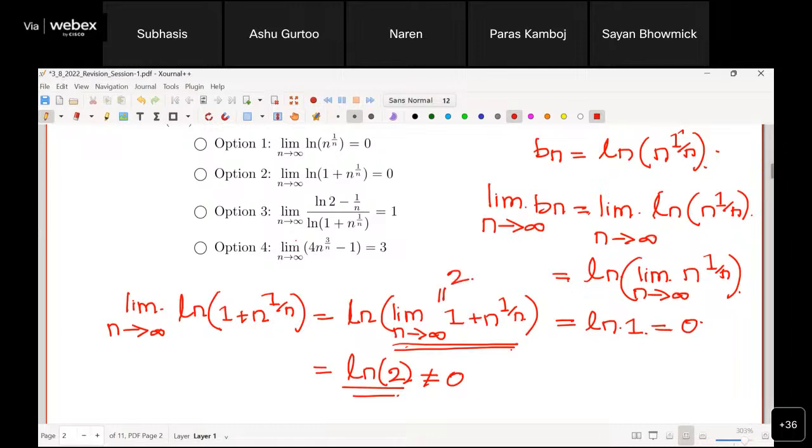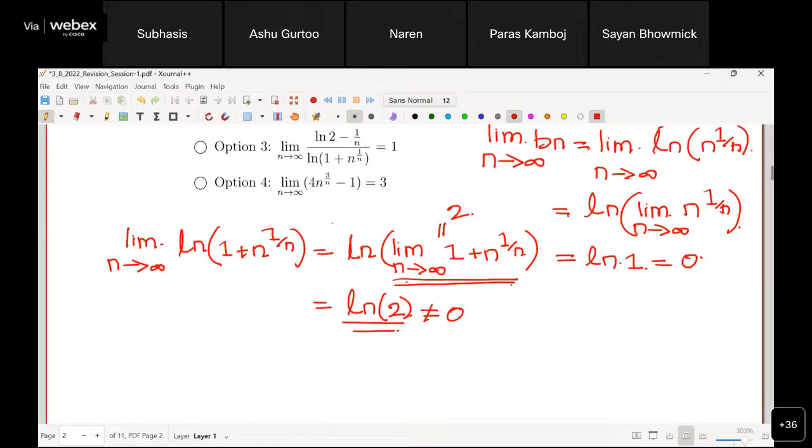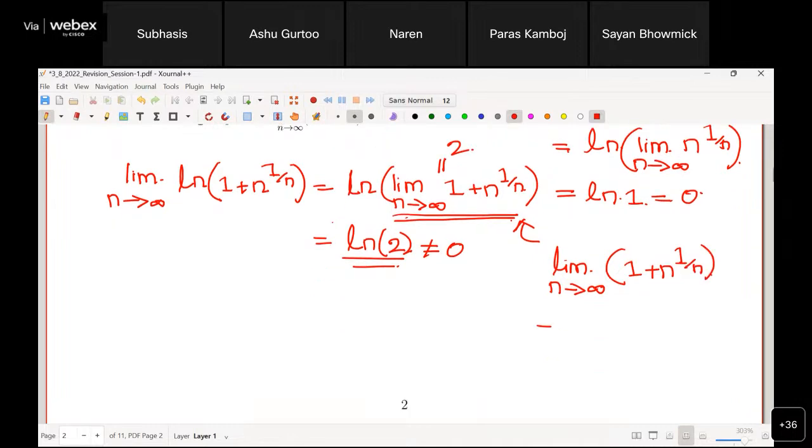So I'm trying to find this limit, and I can write it like this, 1 plus n power 1 by n, separately.